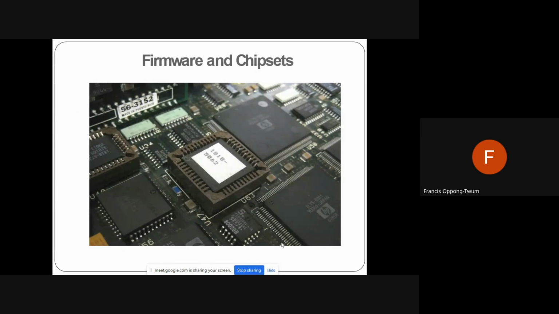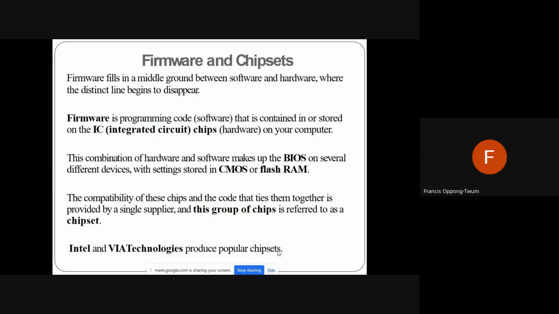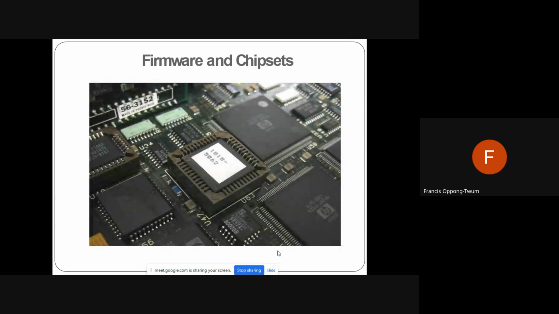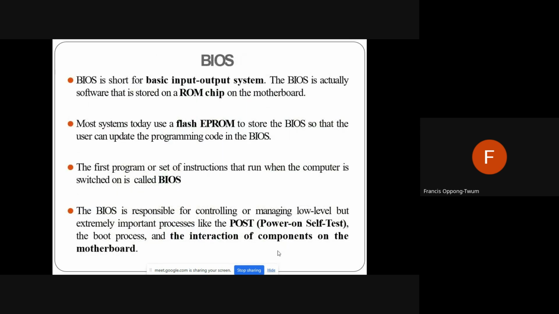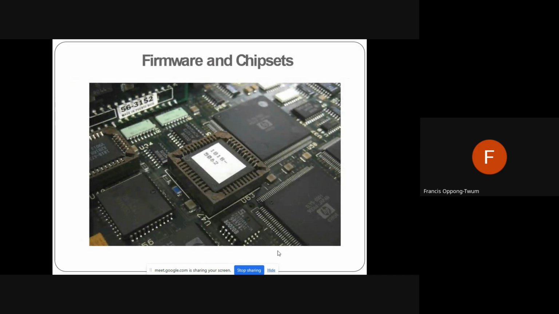I've shown you the picture of the BIOS or the chipset on the motherboard. It contains the programming code. So I've introduced another concept that we have on the motherboard, and we call it the firmware or the BIOS chip.